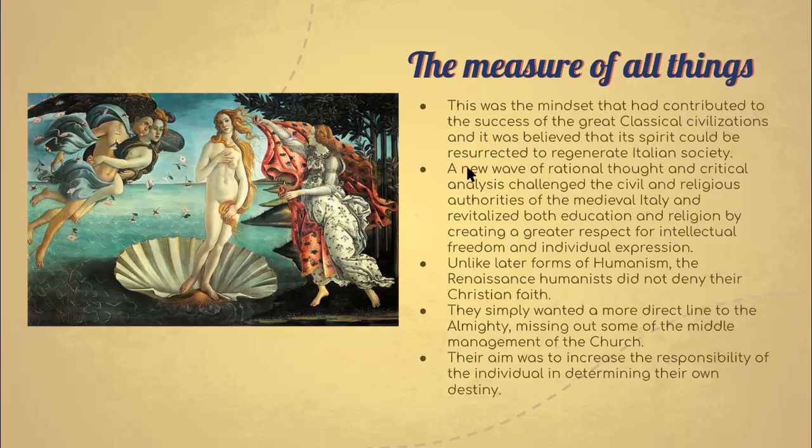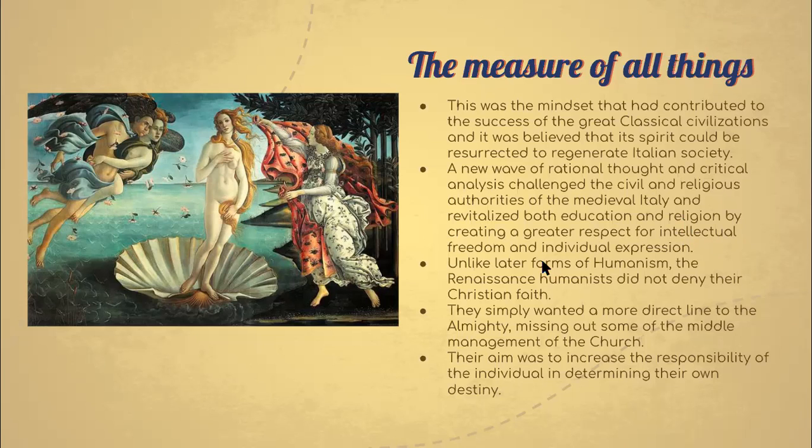Okay. So a new wave of rational thought and critical analysis challenged the civil and religious authorities of medieval Italy and revitalized both education and religion by creating greater respect for intellectual freedom. Okay, so this is kind of what these individuals like Plato, Aristotle, these great Greek philosophers represented, this freedom of thought, this intellectual freedom that they just sort of began.